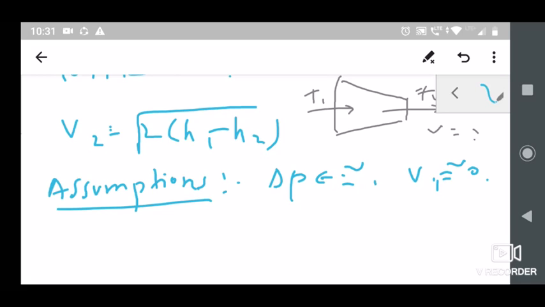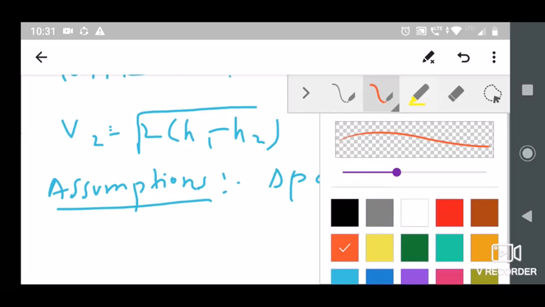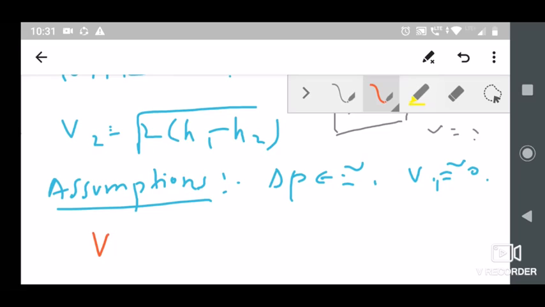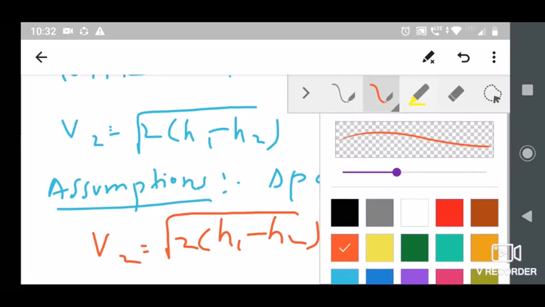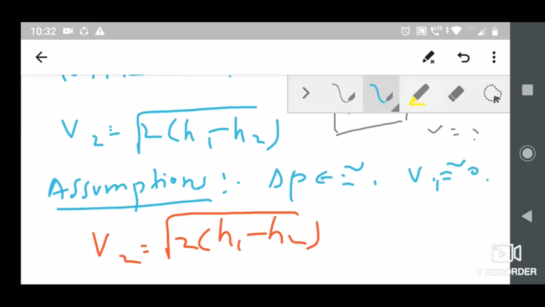Now we have the formula to calculate V2 is equal to the square root of 2 into (H1 minus H2). But no enthalpies are given in the problem. So how do we calculate the enthalpy?